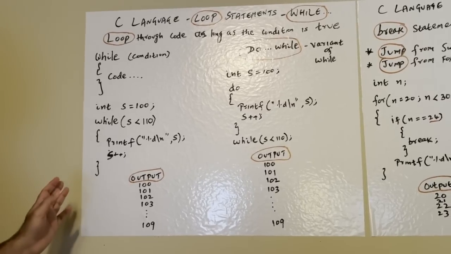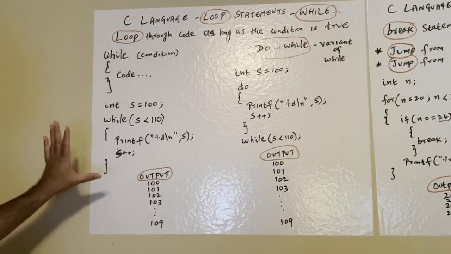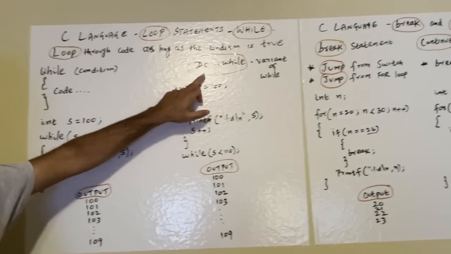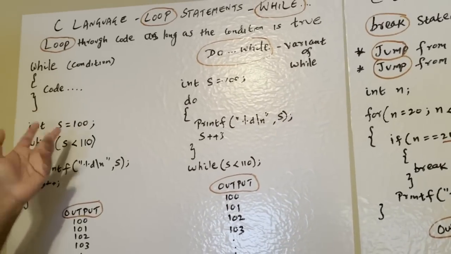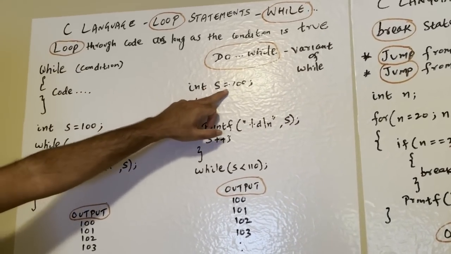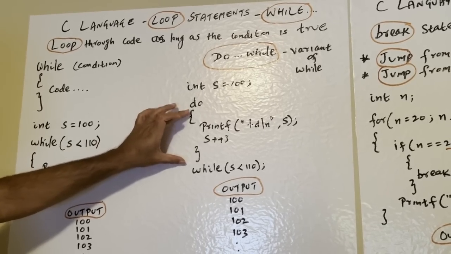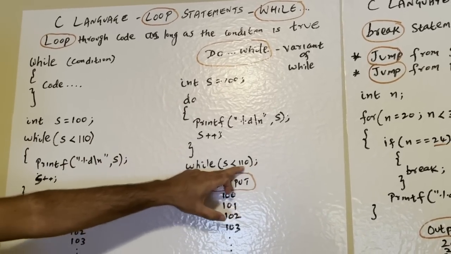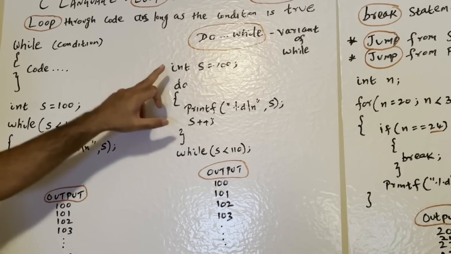There is a variant of the while loop. The syntax is slightly different. You can look here, it's called do while. It's a variant of the while statement. Here we define the s variable equal to 100, and do a block of code while this condition is true. Same condition, s less than 110.